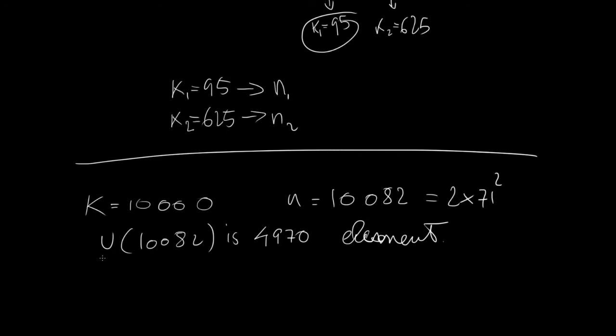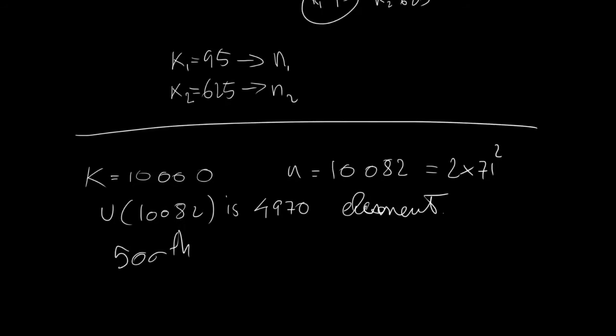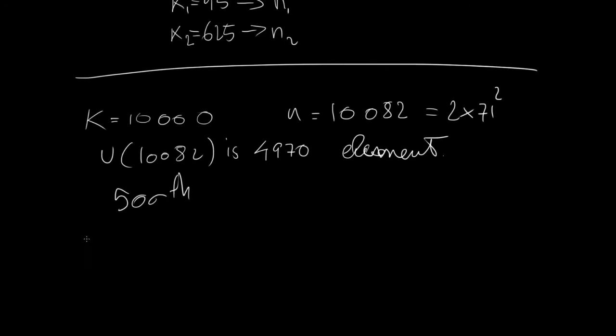Then assume that Alice chooses the 500th element. I don't know which one it is, I'm sorry about it, but it is obviously an integer that is coprime with 10,082. She chooses that. She goes through all the encryption process, the normal RSA encryption process, and sends a tuple to Bob.